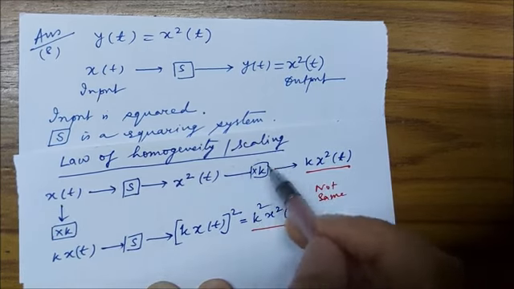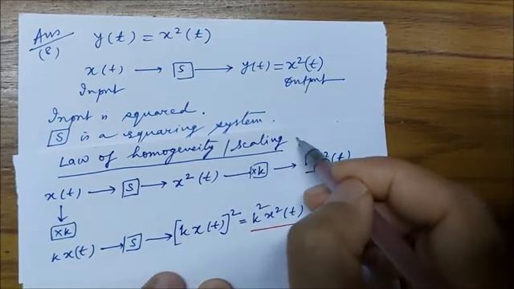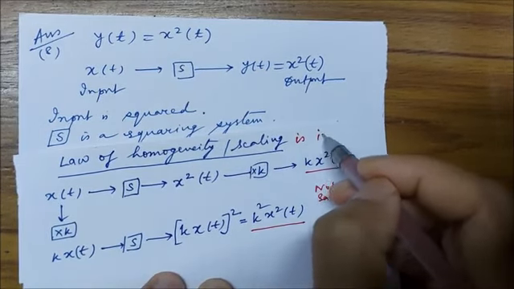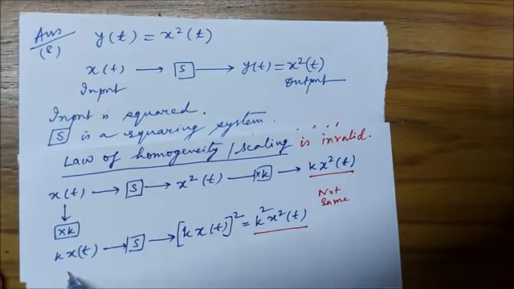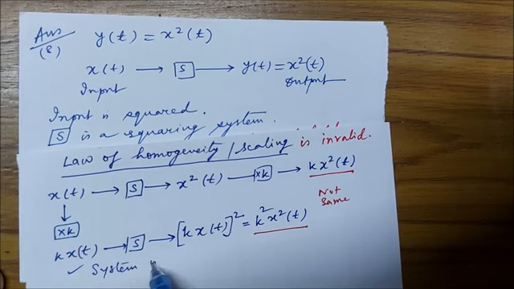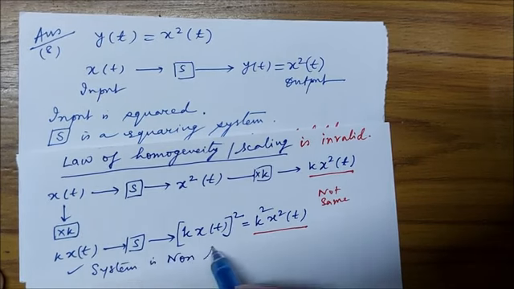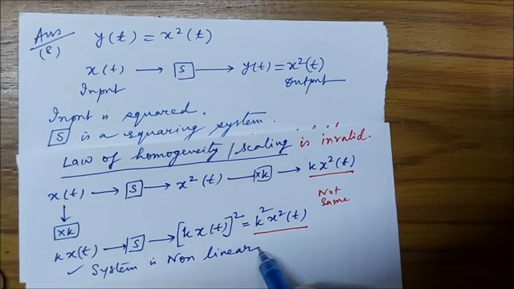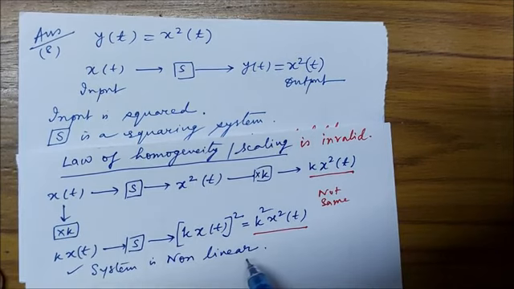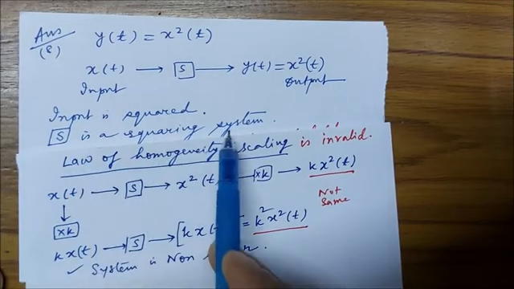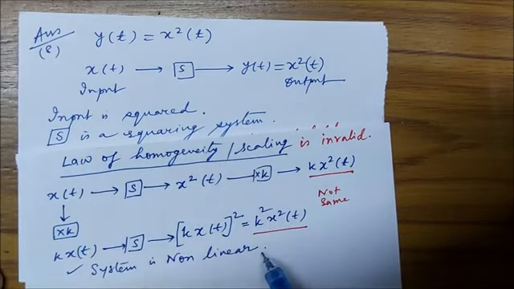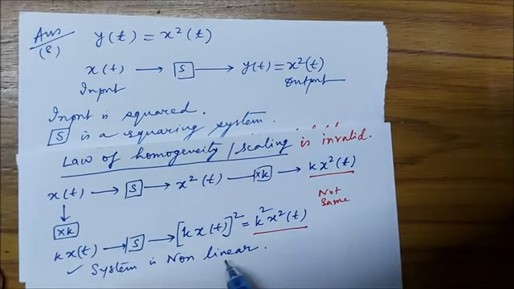Now this is k square x square t, and we note that these two are different, which means law of homogeneity is invalid for this system. So the system is non-linear. And this is what we guessed, because input is squared, it is a squaring system, it is not a linear system, and that is what we have proved.